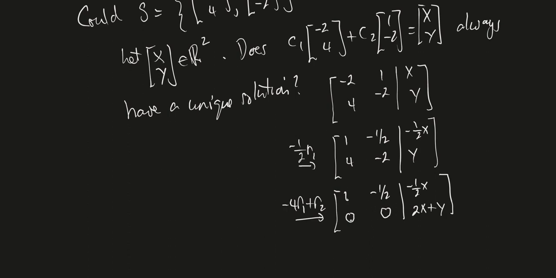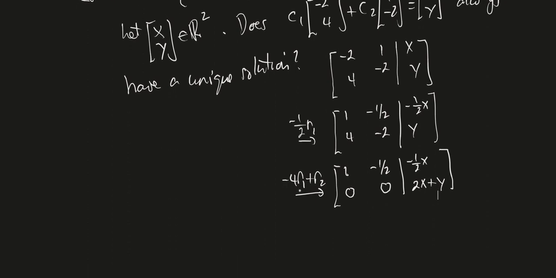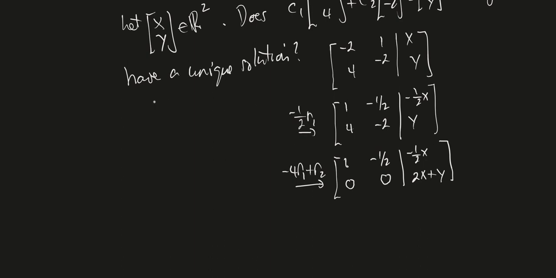It has infinitely many when this expression is equal to 0, or if this expression is not equal to 0, then the system is inconsistent. So let's actually write that down and then use that fact to answer a question about whether or not that set could be a basis.